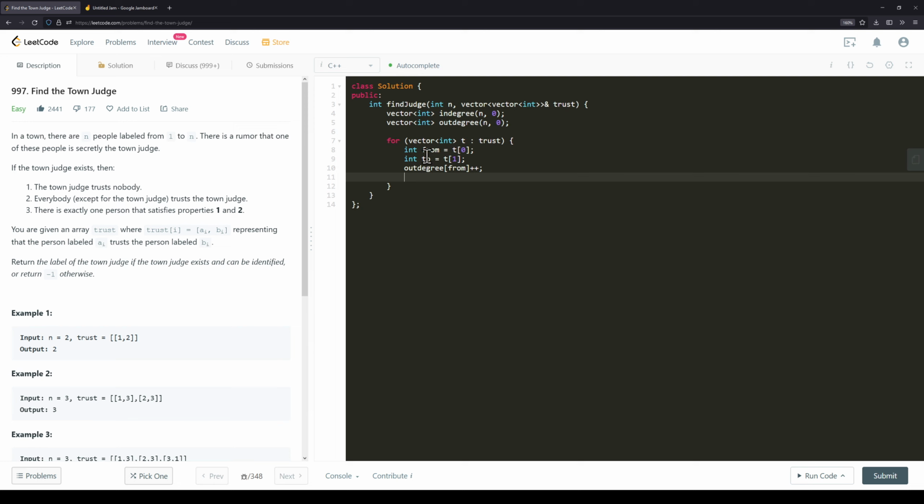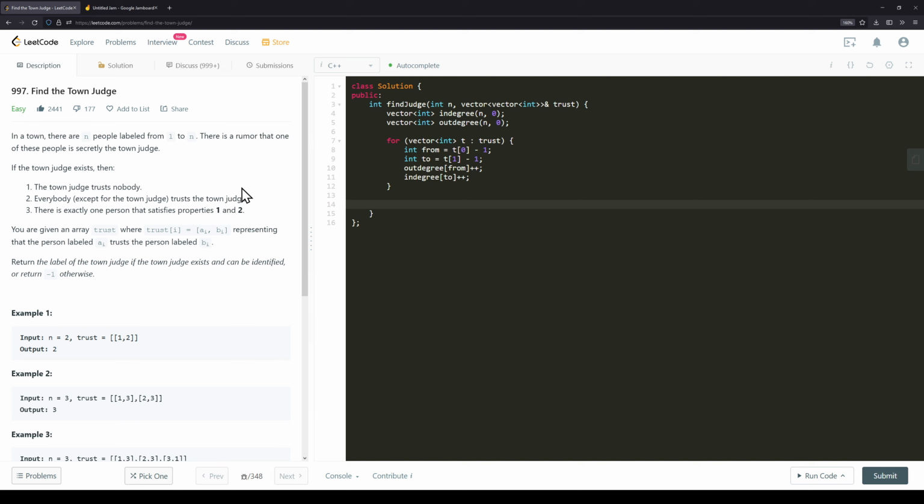And then the in degree of B is incremented because we're going towards this node here. Okay, and we need to minus 1 because our arrays are 0 indexed, while the input is given from 1 to n, so just minus 1 right here. And later we'll have to increment by 1 for our answer.